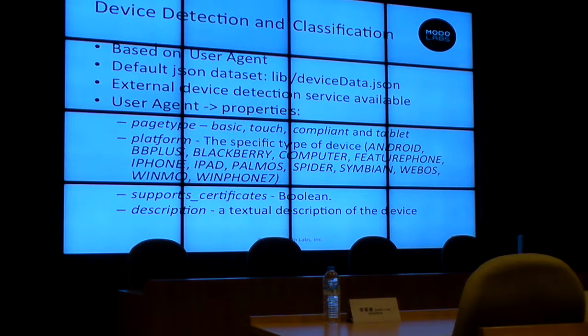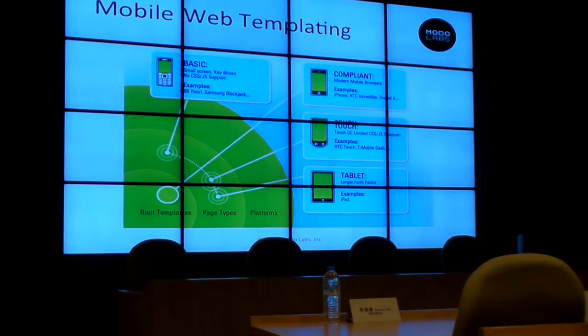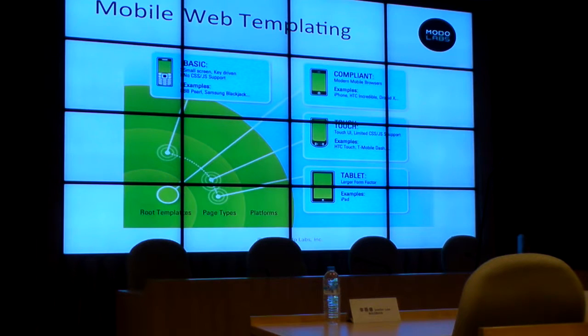So the idea behind this is that it provides us with the basis of creating the templates. So we have templates for the basic phones, templates for what we call the compliant phones, which are more modern devices with modern browsers. And then still some of the touch ones out there, and then the tablets, and there's probably a separate one for the desktop as well.